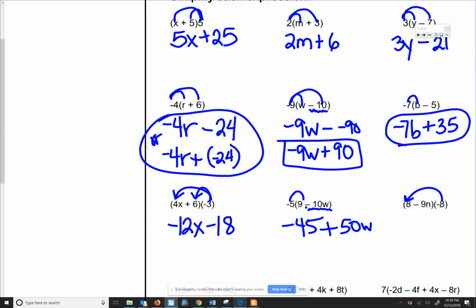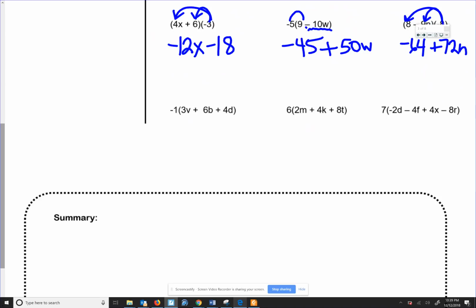Multiply the 8's together, but this is a positive 8 and that's a negative 8. Negative 8 times negative 9n. Negative 8 times negative 9 is positive 72n. Sweet. Oh my gracious, these ones on the bottom are nice.